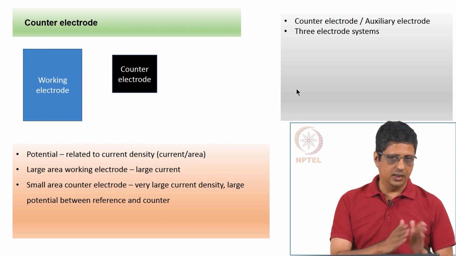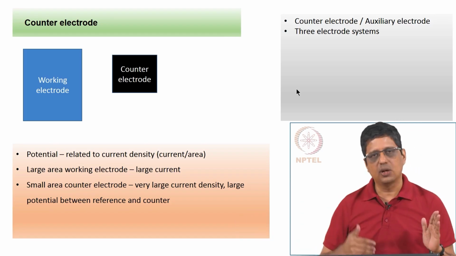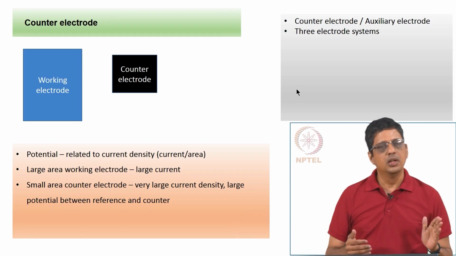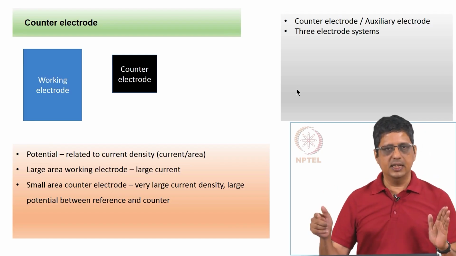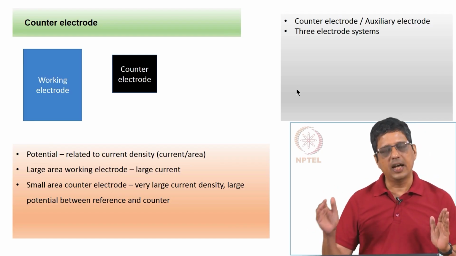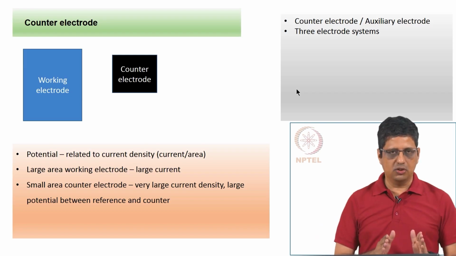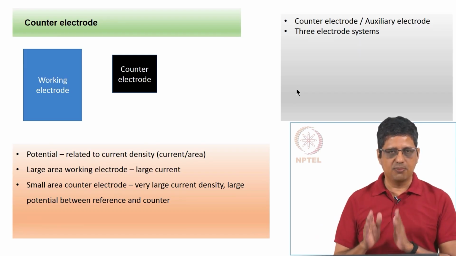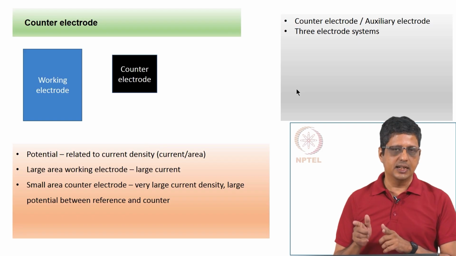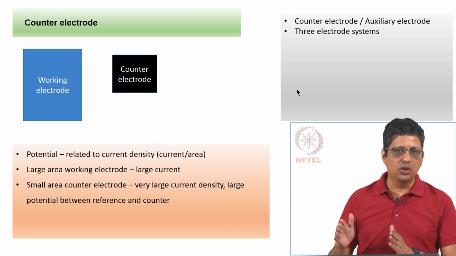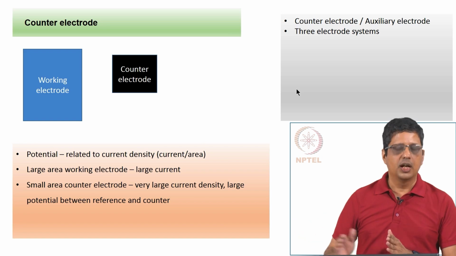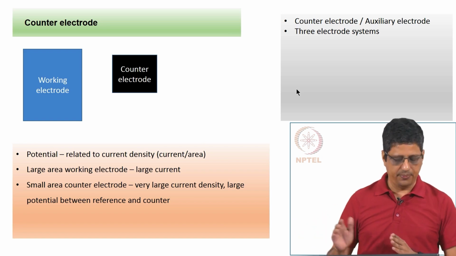Now, all the current generated here has to be taken up by the counter electrode. Okay. In case you have a small area counter electrode, the current density requirement is high. So, compared to the working electrode, if the counter electrode area is small, the current density that is taken into the counter electrode, or the current density requirement for the counter electrode, is high. That means it has to be taken to a large potential, and possibly you can have problems.